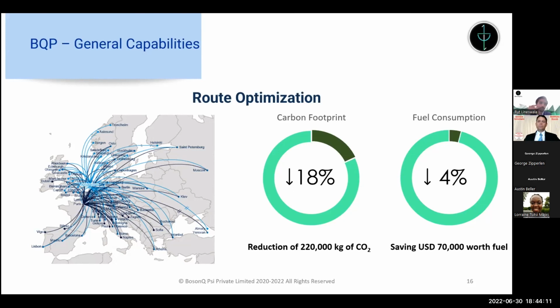We started off with different sets of origins and destinations, and then tried to find the best flights, from which origin to which destination, and at what time of day they need to go to reduce the overall carbon footprint.